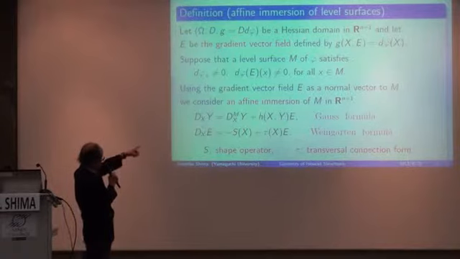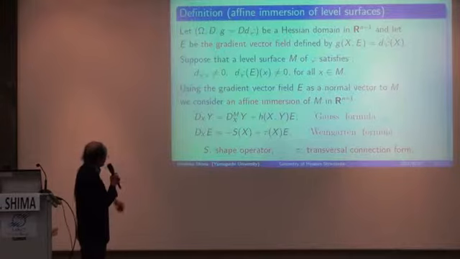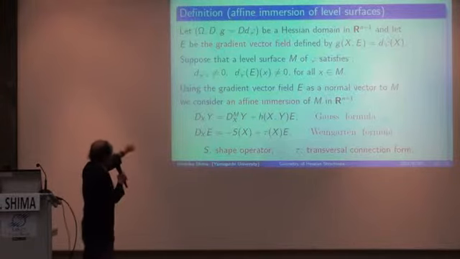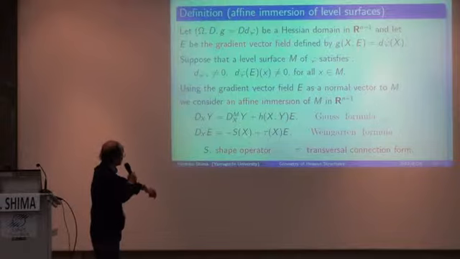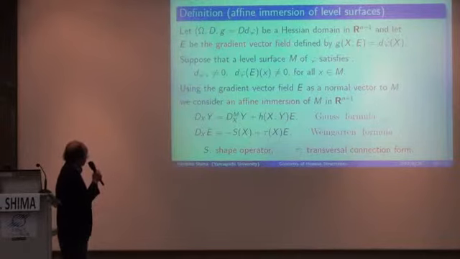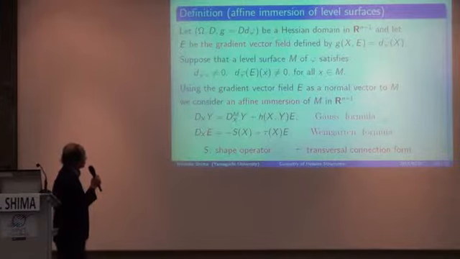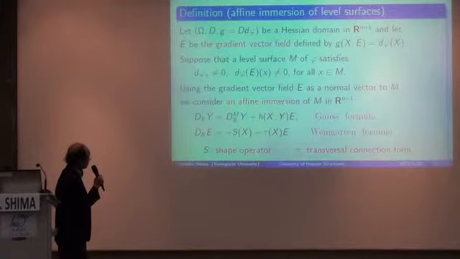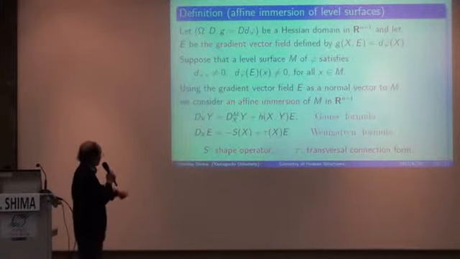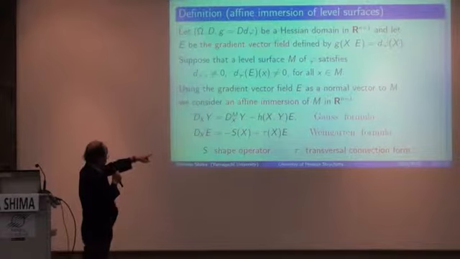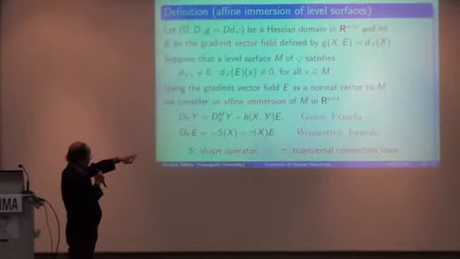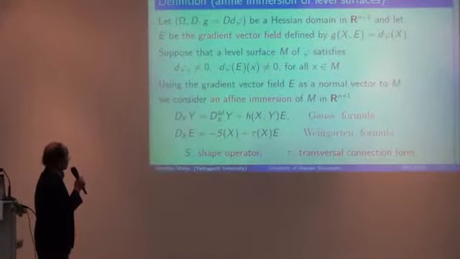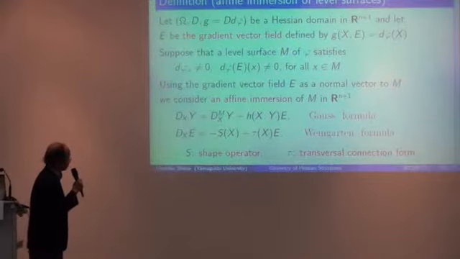For tangent vectors X, Y on M, we decompose D_X Y into the tangential component D^M_X Y and the normal component h(X, Y) e. And D_X e is also decomposed into the tangential component equal to minus S X, and the normal component equal to tau(X) e.